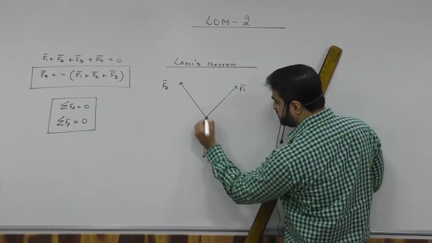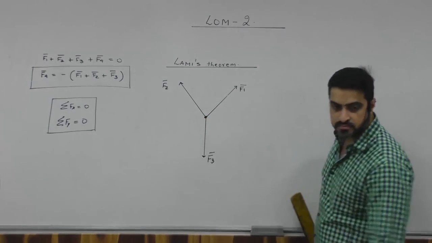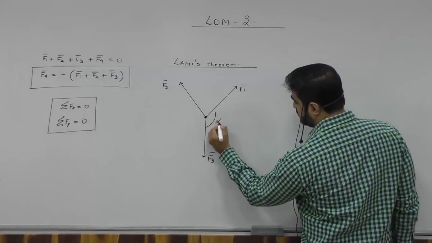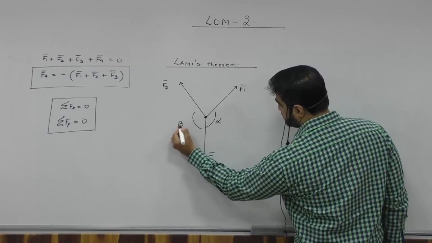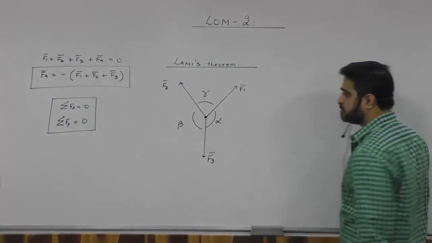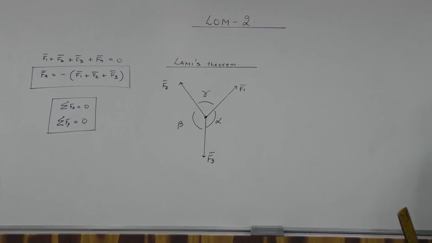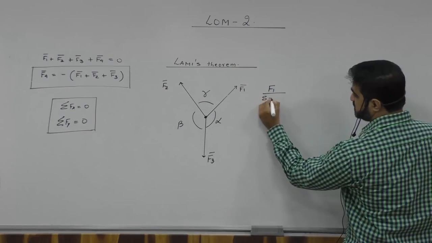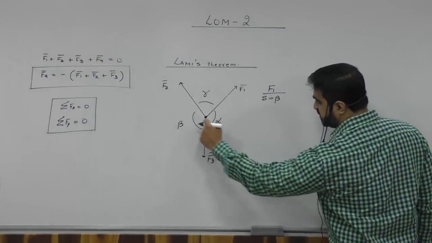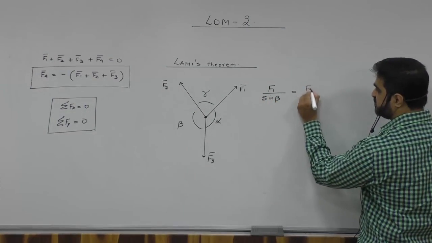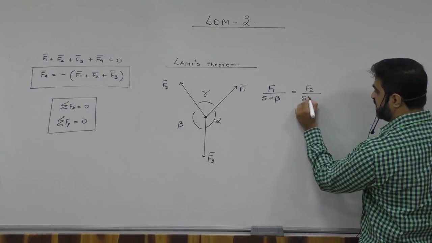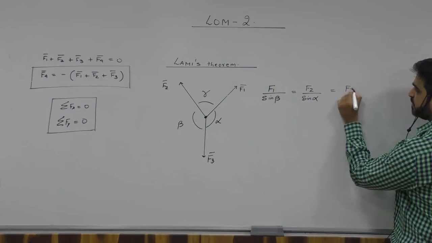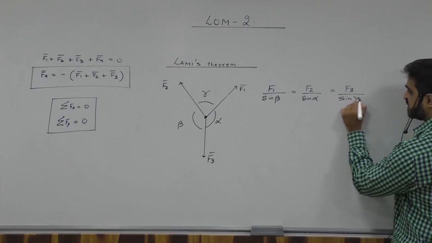Suppose 3 concurrent forces are meeting at a certain point. Okay? And the angles are alpha, beta, and gamma. Then F1 upon sine beta is F2 upon sine alpha, which is F3 upon sine gamma.